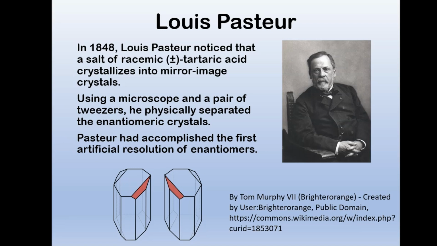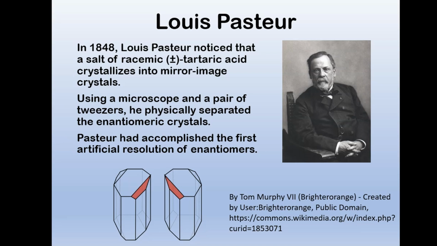And he was looking under a microscope at tartaric acid crystals derived not from wine, but from a chemical flask. And he noticed that the crystals were similar, but different. He noticed that this one is a mirror image of this one here. And so he pulled out a pair of tweezers and he separated these crystals.